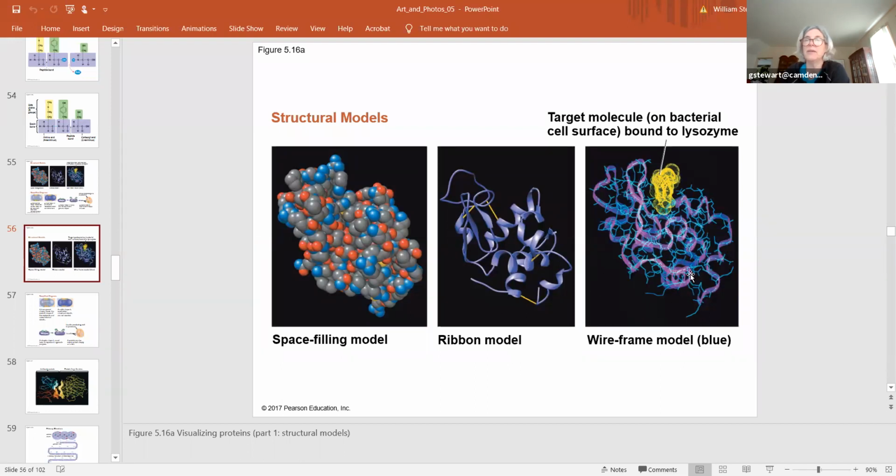And then this would be more of a functional molecule where, with a computer modeling program, these are the individual amino acids sticking out here in blue, and they're looking at how bacteria binds to lysozyme, which is an enzyme that can break down the bacterial cell wall. So these sorts of models would be used particularly in pharmaceuticals, trying to determine where the interaction is and which amino acids are key for a protein's function.